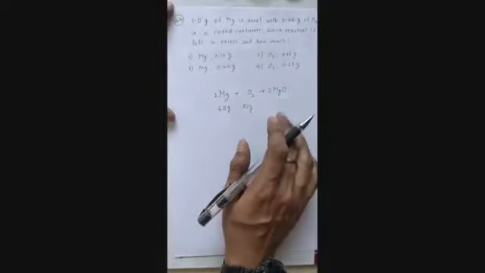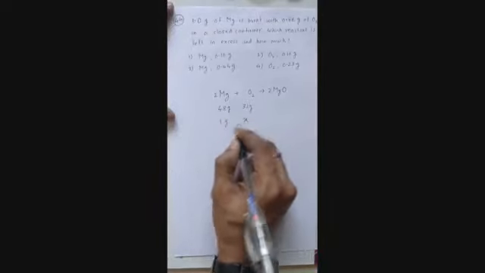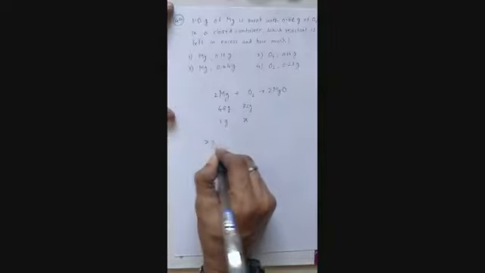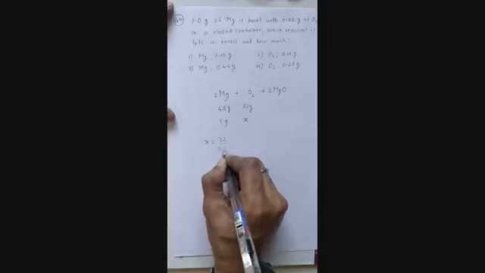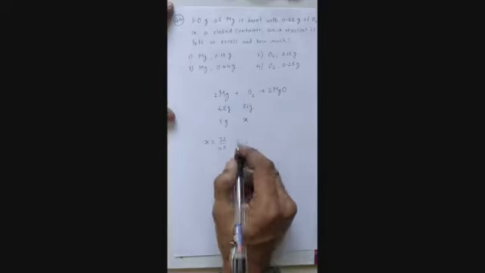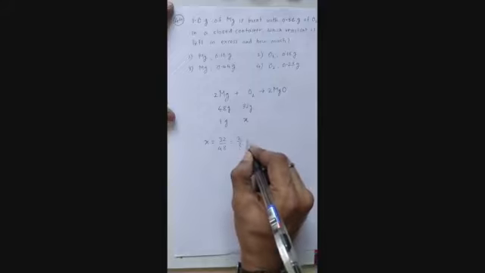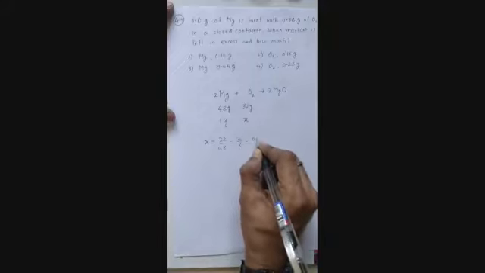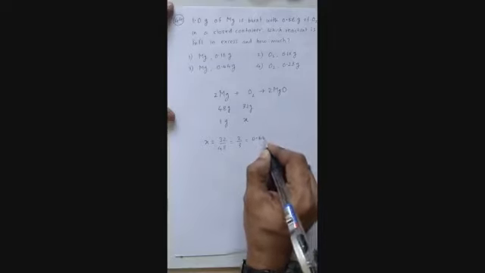We are not interested in that. So 1 gram of this will require how much of oxygen? First we'll find out that. So x will be by cross multiplication, 32 upon 48. So that will be 2 by 3, which is eventually going to be 0.666 recurring.